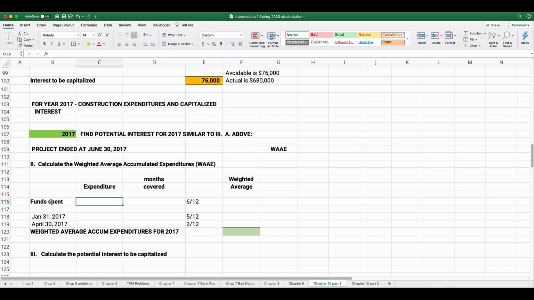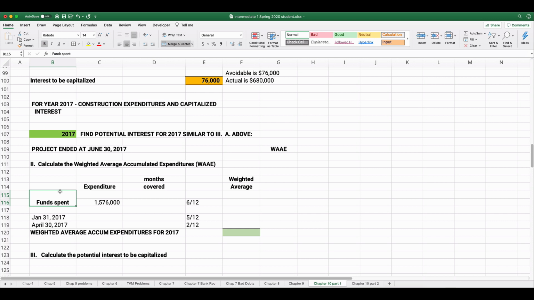We spent 1,576,000. We spent the 1 million plus the 1,500,000 plus the 76,000. So we have spent 1,576,000. So let me build this a little bit better here.